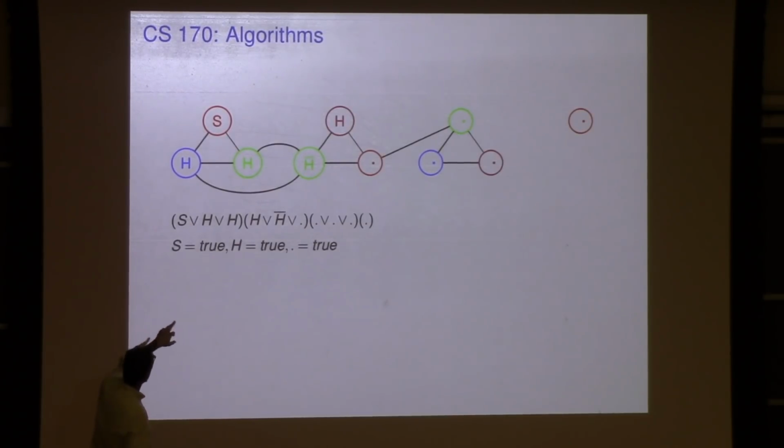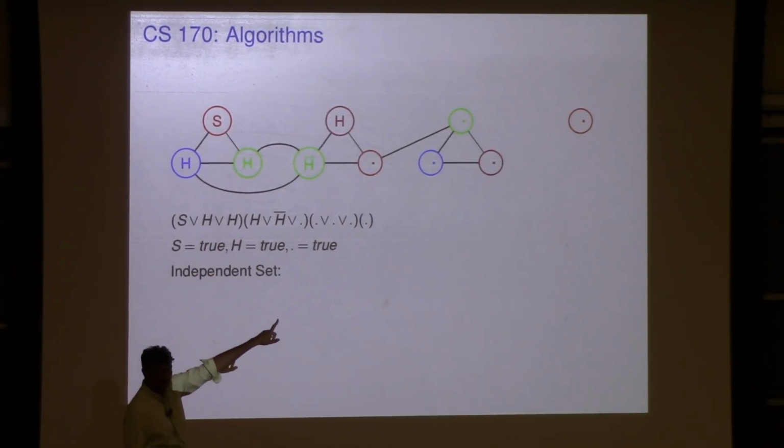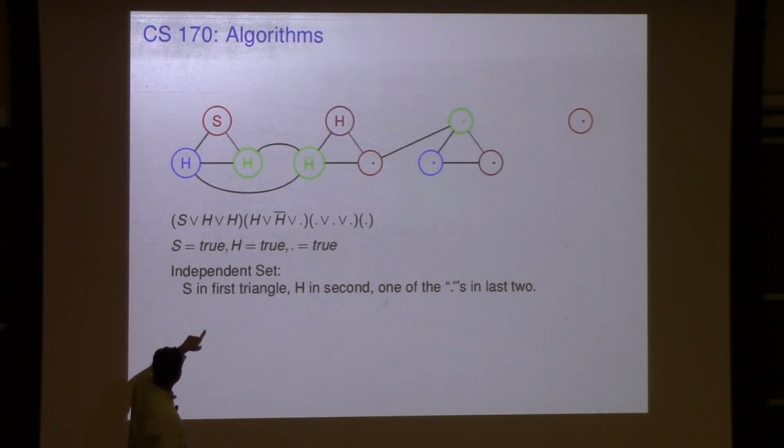Now if you assign S to true, that H to true, and one of the dots to true, and you have to assign the last dot to true, you see that it satisfies this 3-SAT formula, and it's also the independent set of the graph I showed you at the beginning.